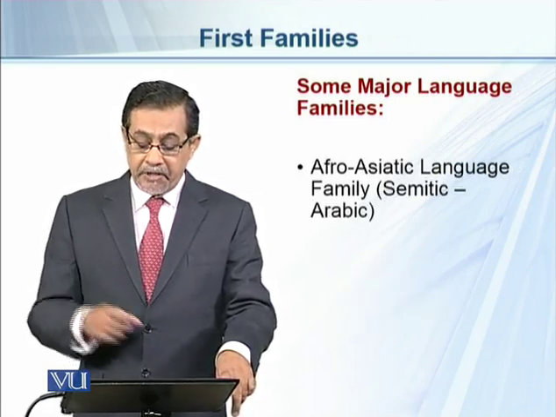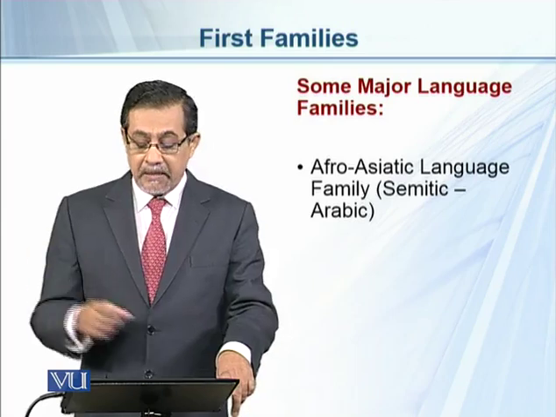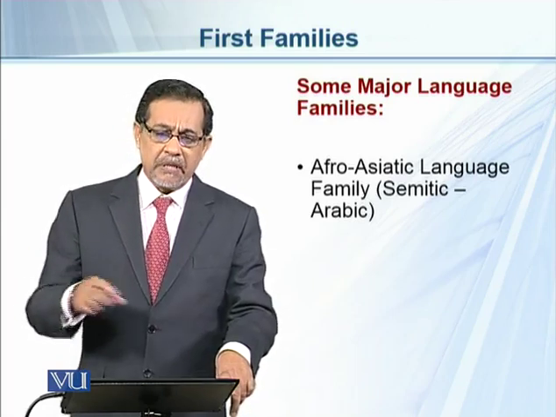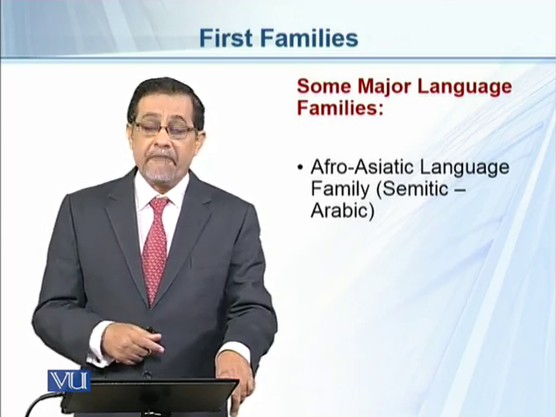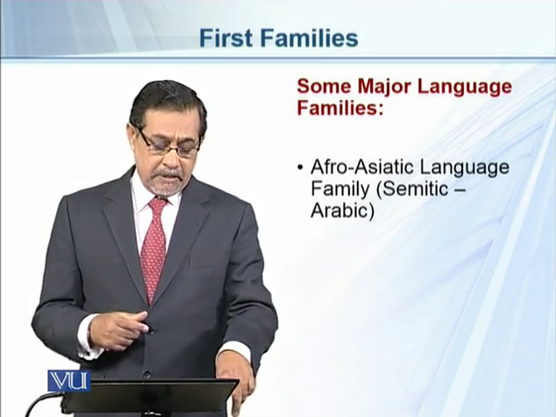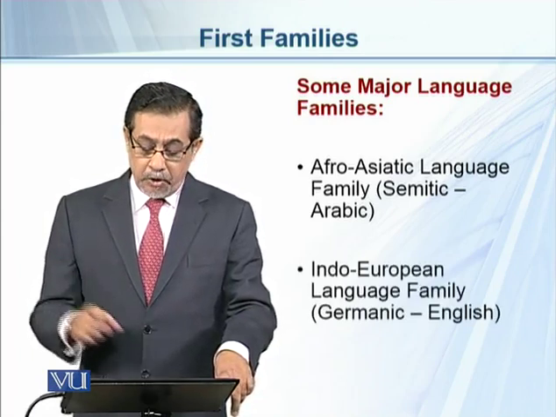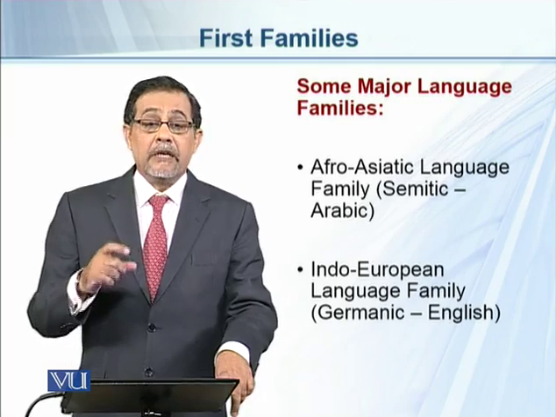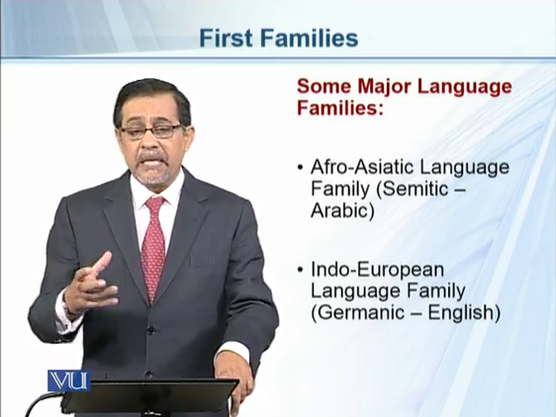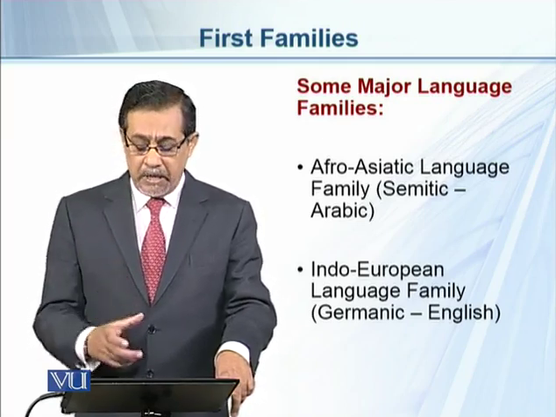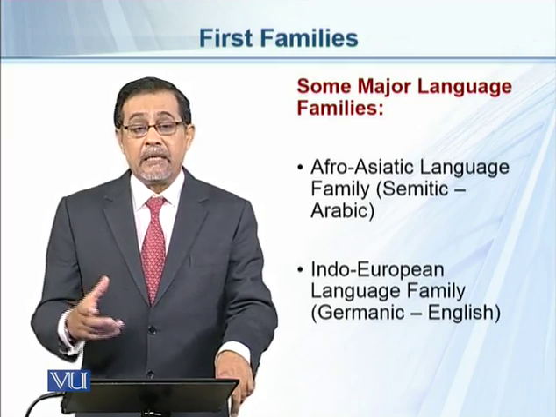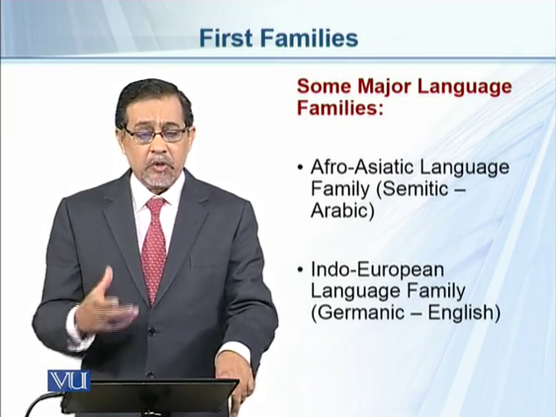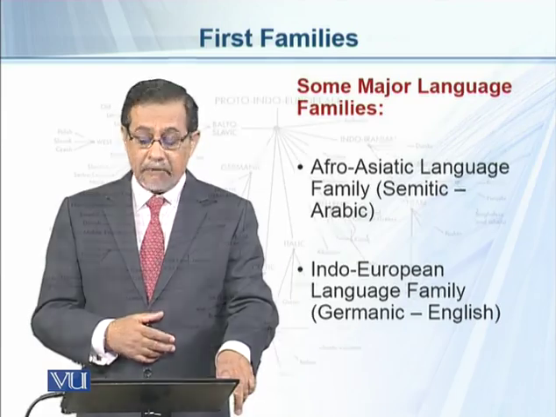We have the Afro-Asiatic language family, Semitic, Arabic. So Arabic is a member of this Afro-Asiatic language family. Indo-European language family is probably the biggest language family in the world, and it has a Germanic group, and English is also part of this language family.